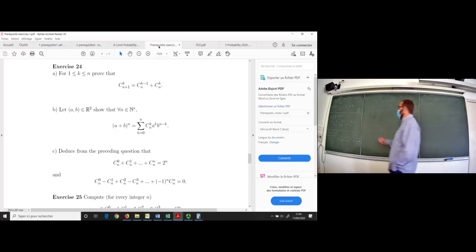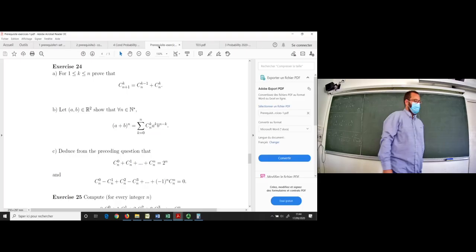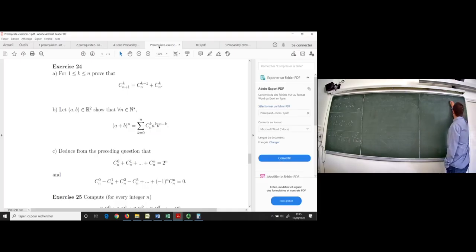So I want to handle this term. In general, when I have a sum with two ratios, I try to factorize what we can factorize. What you need to have in mind for a good factorization is that k factorial is k times (k-1) times (k-2) and so on down to 1.